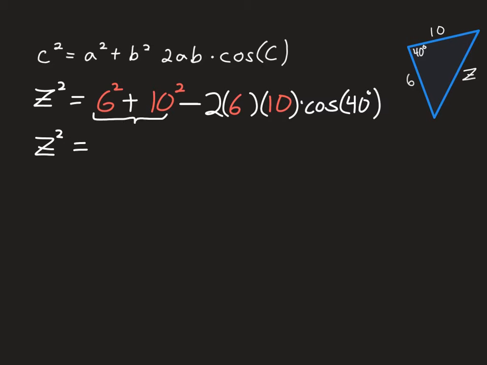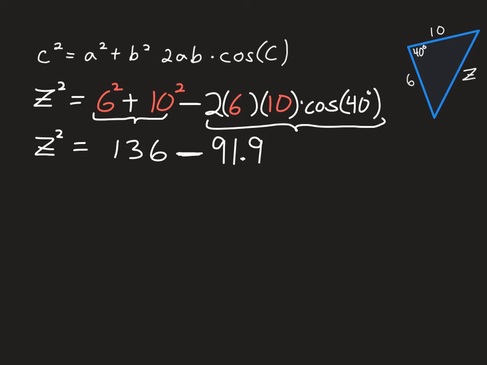Group 1, group 2, and I'm just going to stick this minus in between them. Now I have 6 squared plus 10 squared, 100 plus 36, which is 136. Now I'm going to jump to my calculator to calculate that second section. And when I do that, I get 91.93.